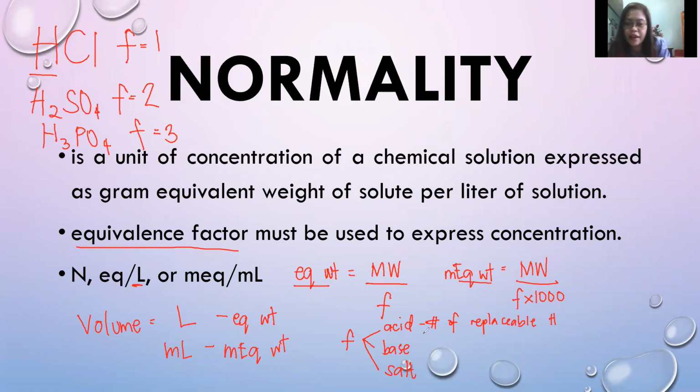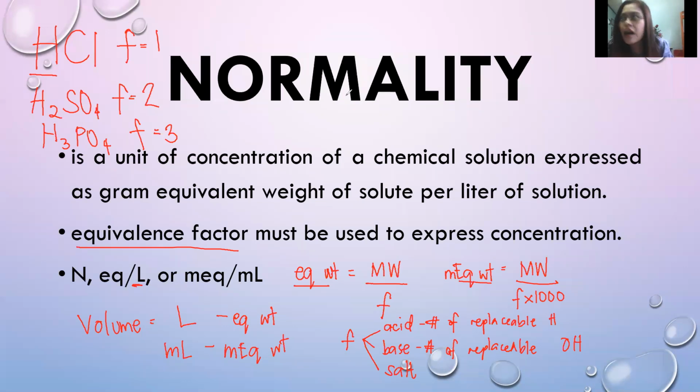Now, for the base class, it's the number of replaceable hydroxide. Again, it's the number of replaceable hydroxide. Let me give you an example.